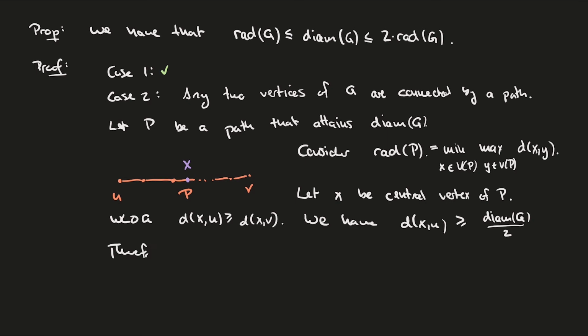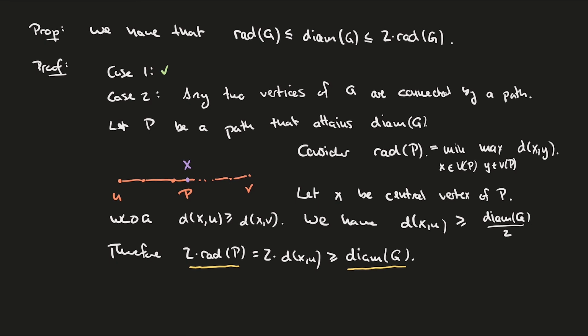Therefore, 2 times the radius of P, which is equal to 2 times the distance between x and u, because x is a central vertex, and we've assumed that the distance between x and u is larger than the distance between x and v, we have that this quantity is greater or equal than the diameter of G. If we read this outer inequality, we almost have what we wanted to show.